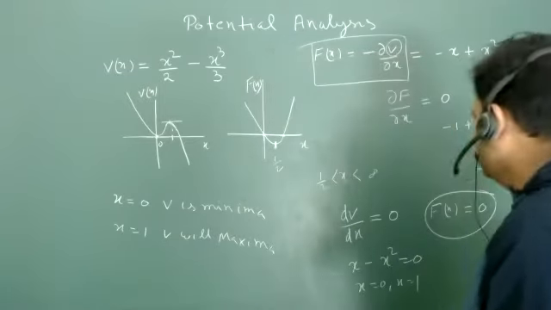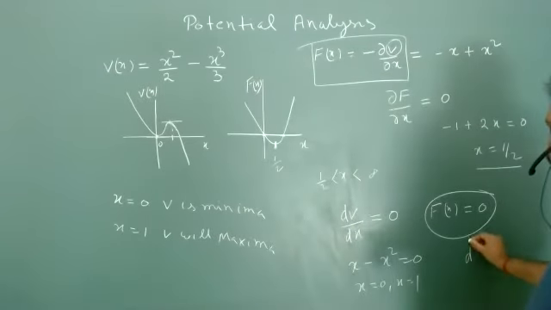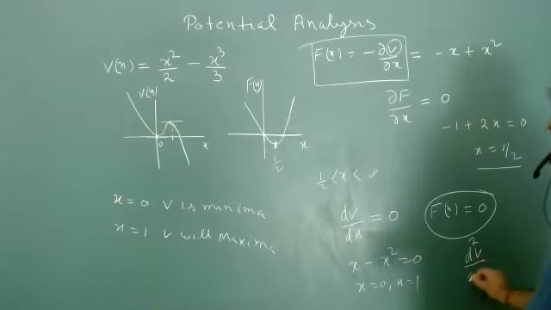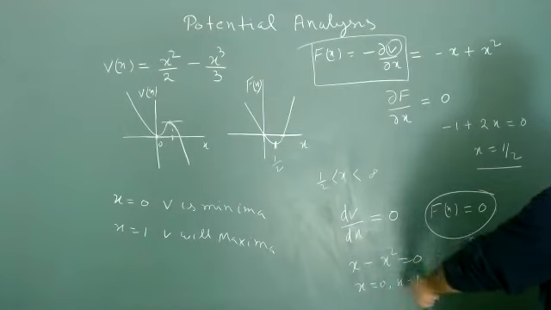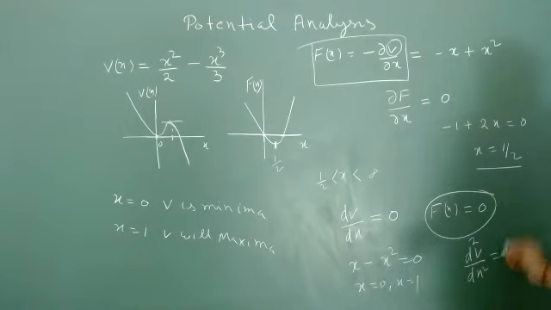So what we have to do? We have to go for d square V upon dx square, and this value is actually 1 minus 2x. Now we have to put in this particular value. When you put x is equal to 0, then d square V upon dx square is equal to 1, which is greater than 0.